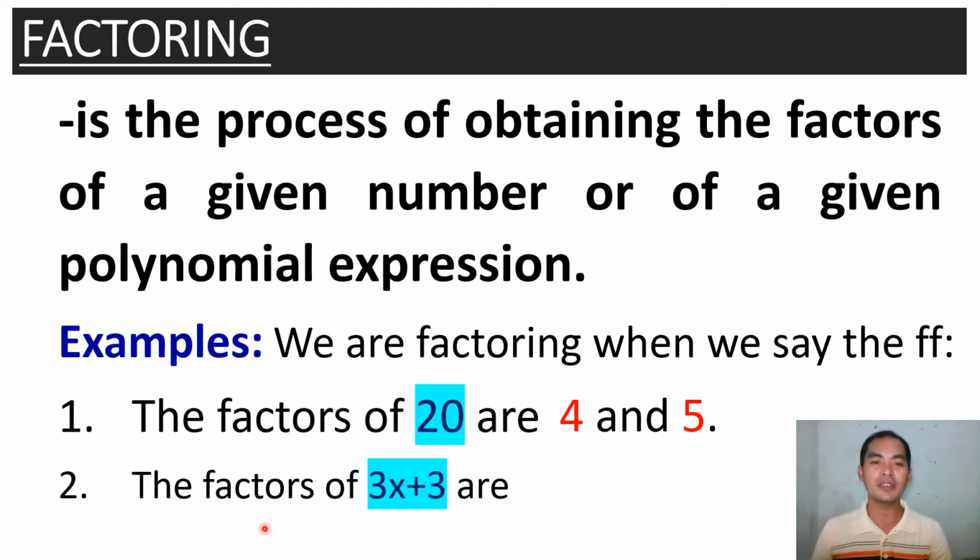Another example, the factors of 3x plus 3 are 3 and x plus 1, or x plus 1 and 3. So that's already factoring of polynomial expressions or of the given numbers.